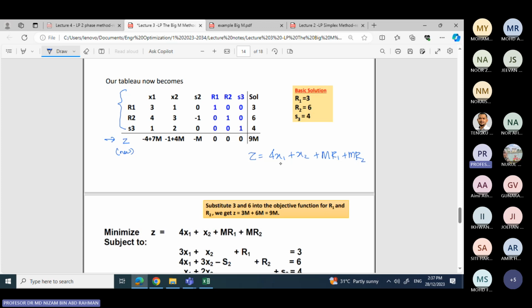So if you substitute this, then this becomes 4 times 0 plus 0 plus M R1 is equals to 3M plus 6M, you have 9M. So now you are consistent. The tableau is consistent, right? Any questions?